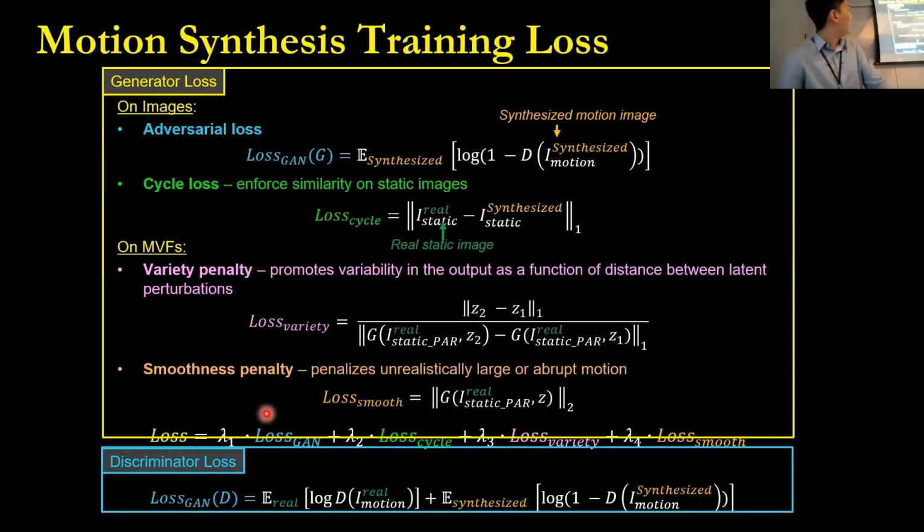And finally, there's a smooth penalty, which helps to penalize unrealistically large or abrupt motion. In total, these four losses are weighted and added together as our total generator loss. For the discriminator loss, similarly, a typical GAN loss using the mean square error was introduced to judge the input image domain.